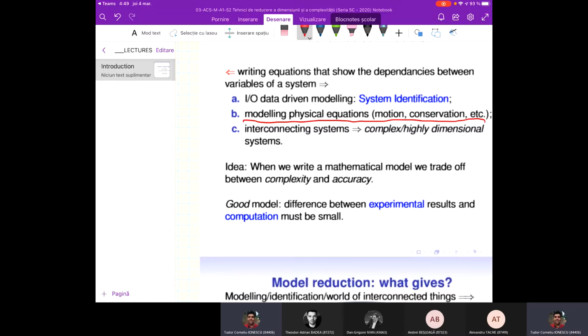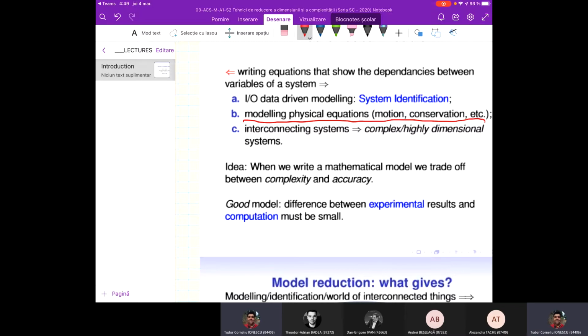In general, when you write a mathematical model, you need to trade off between complexity and accuracy of the model. The fair question now is, what is a good model? A good model is when the difference between the experimental results and the computation results is quite small.